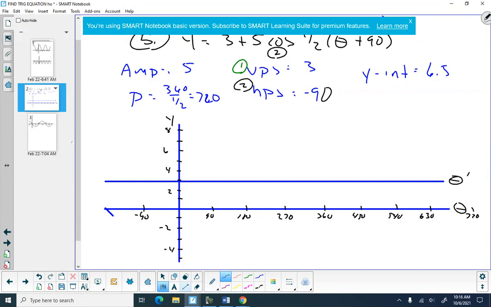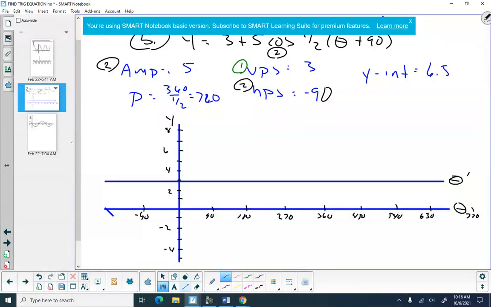So at -90, we have a cosine curve. Is this peaks and valleys or prime axis, Joey? Peaks and valleys. So we'll have to take one additional step and look at the amplitude, because the amplitude will tell us how to get to our peaks and valleys.